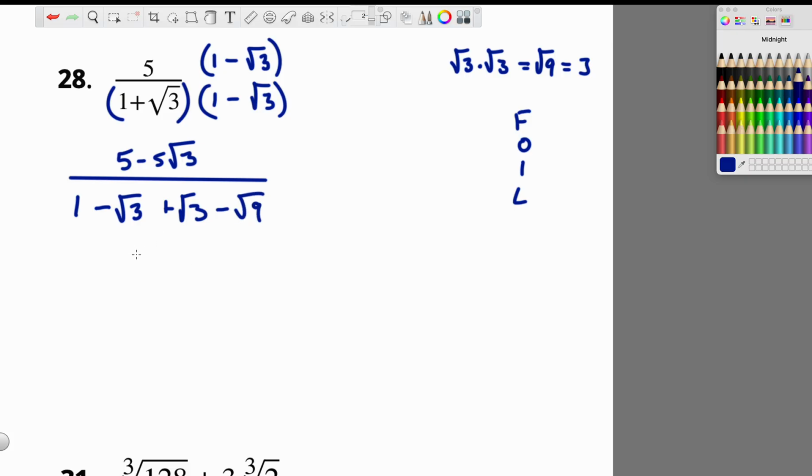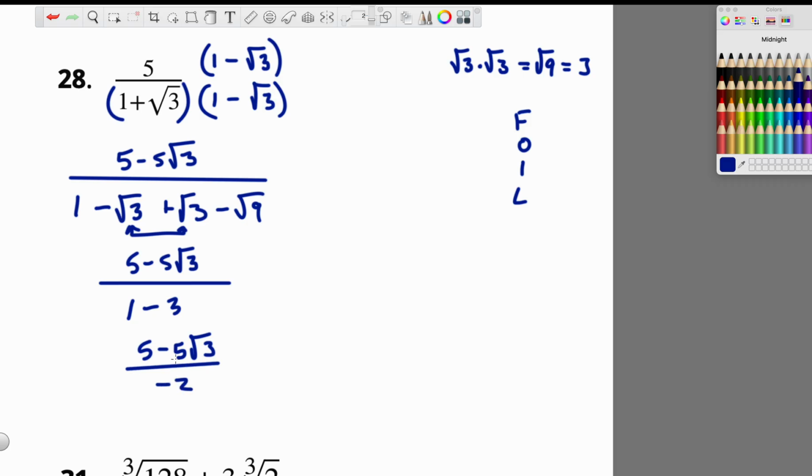Okay, now look at this. 5 minus 5 root 3, that's still my numerator. I haven't done anything there. Look what happens with the middle terms. Do you see how they cancel? Negative root 3 plus root 3. And root 9 is 3. So the denominator ends up being just 1 minus 3. So I get 5 minus 5 root 3 over negative 2.